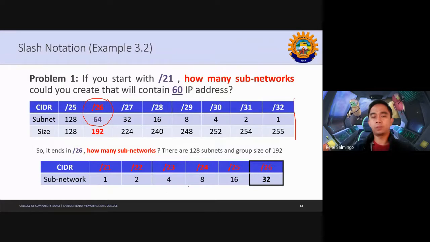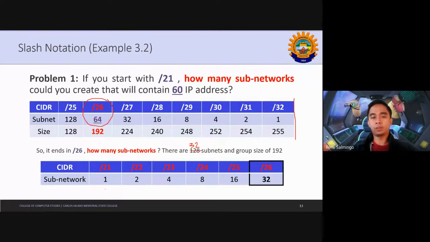If it ends in /26, you start your count from /21. If you start your count from /21 and end in /26, how many subnetworks are there? In this case, you will have 32. So you have 32 subnets from /21 to /26. So the answer would be 32.